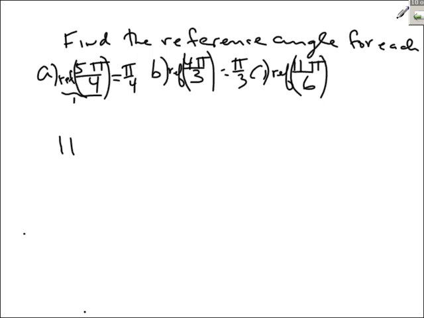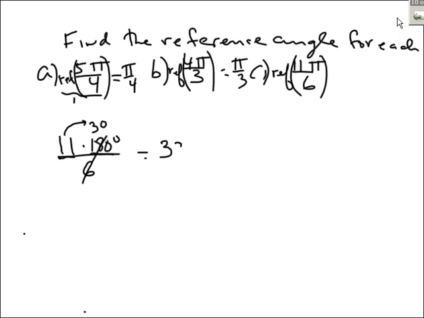Now, instead of pi, you can just put 180 degrees. That is pi. So 11 pi over 6, and 6 goes into 180 30 times. 11 times 30.